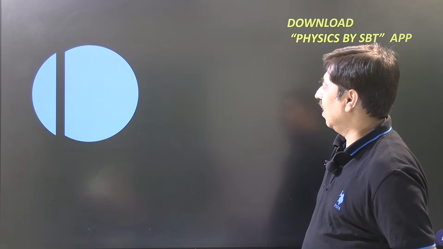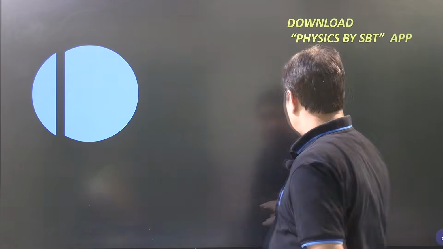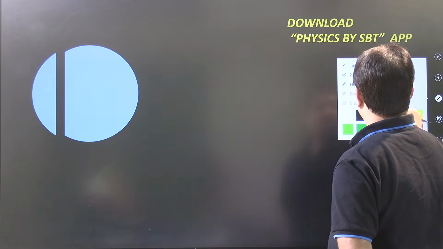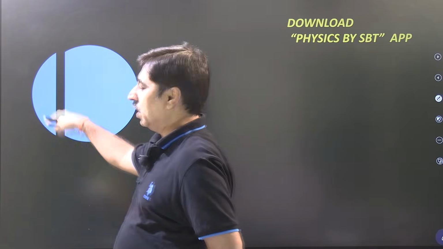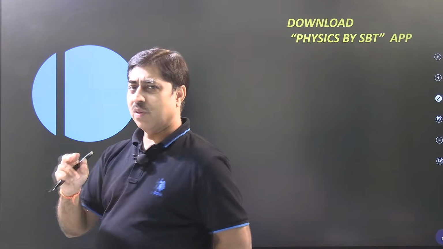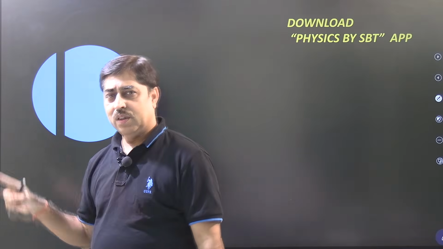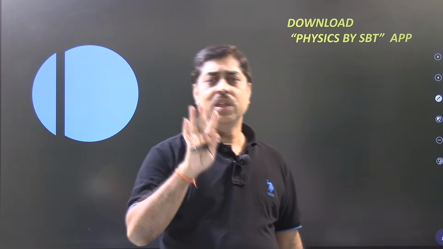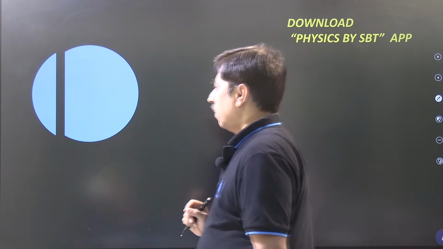So, this is the situation that has been given to you. A charge plus Q has been given to this part of the sphere. Just for the sake of clarity in the diagram, I have increased the gap. This black colored gap is actually insulation. It is filled with insulation layer. Okay, that's fine.